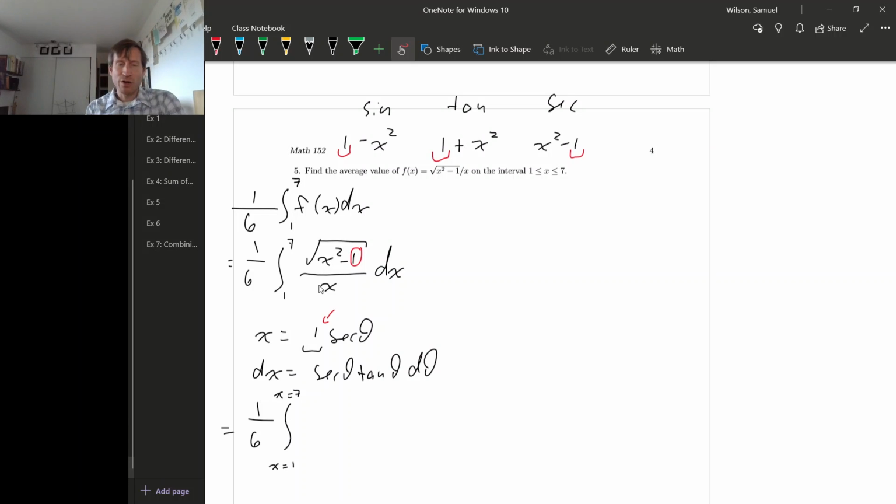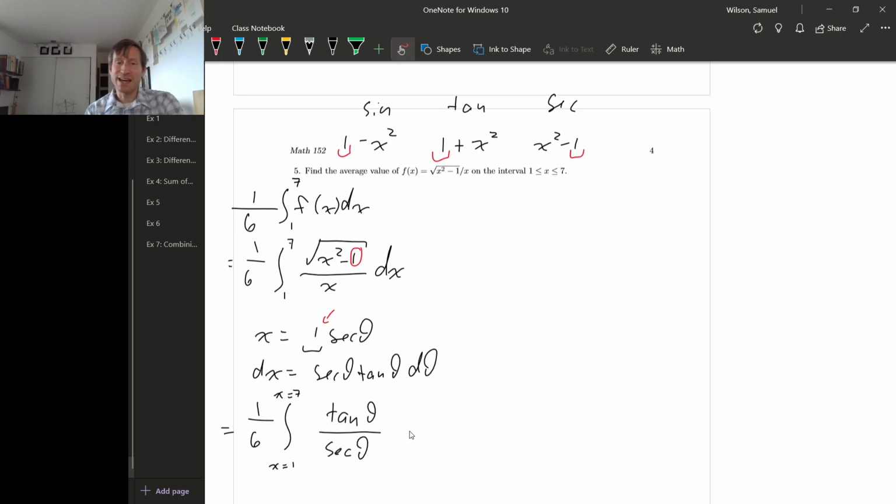Okay, so now we're going to integrate. So the denominator is just x, which is secant theta. In the numerator, square root of x squared minus 1. But remember, this is going to be secant squared minus 1, but that's tangent squared, and the square root of tangent squared is just tangent.